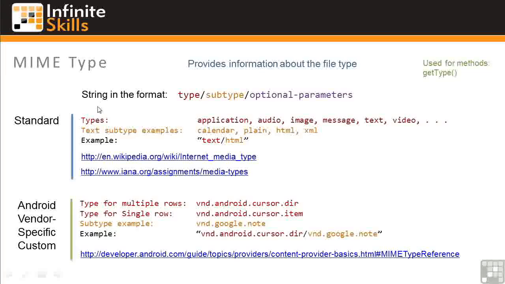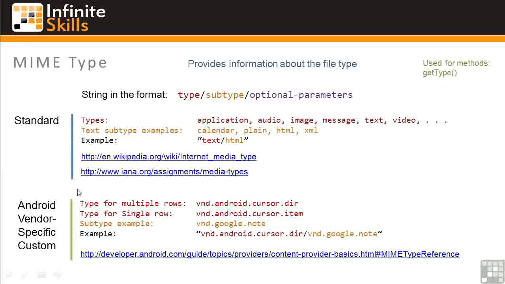Standard MIME types are entities like application, audio, image, message, text, and video. Sample text subtypes are calendar, plain, HTML, and XML. So an example of an HTML text MIME type would be text/HTML. And you can read more about standard MIME types in the sources linked to here.